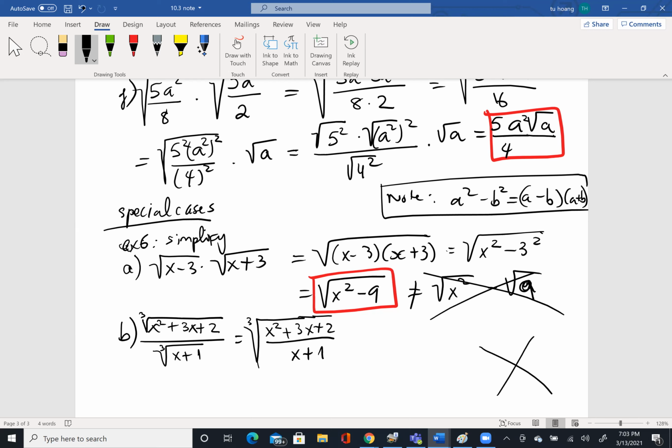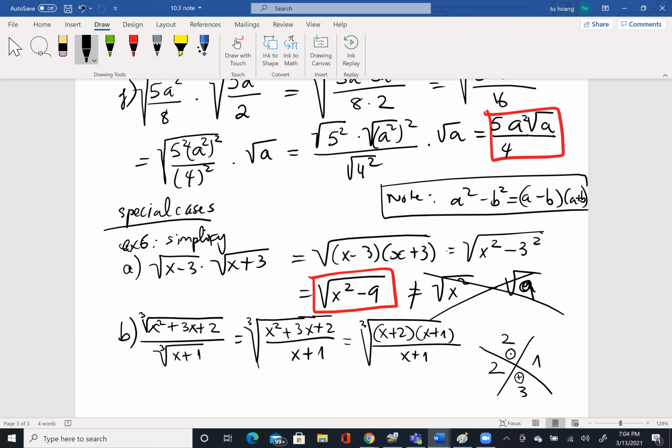I have a times c equal to 2 and b equal to 3. So two numbers whose multiplication equals 2 and addition equals 3. I'm gonna have 2 and 1. So I can rewrite the top as x plus 2 multiplied by x plus 1, divided by x plus 1 over here.